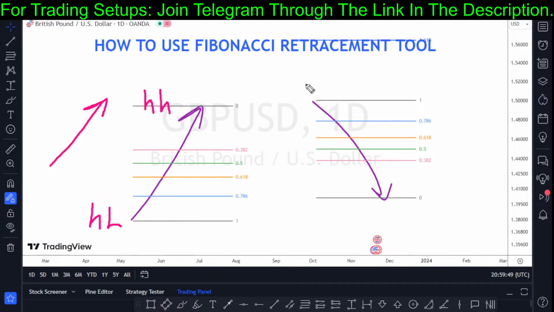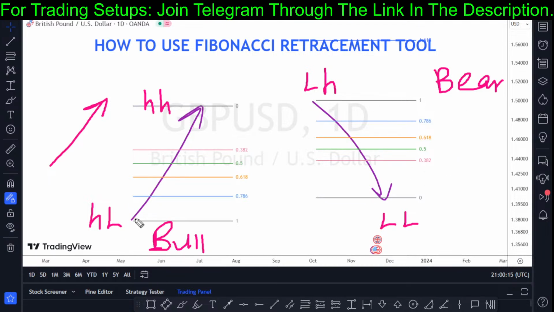While in the bearish trend, you start from the low high swing to a lower low. So this is a bearish trend, and this is a bull trend, right? So know the difference between this and the bear trend.